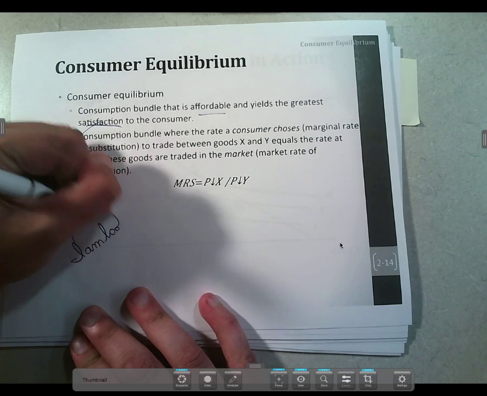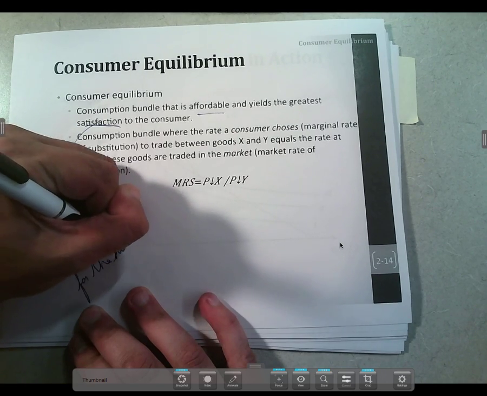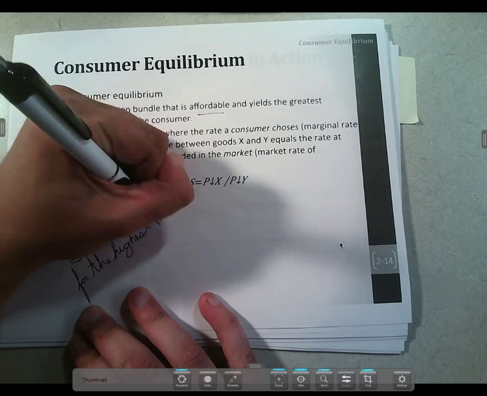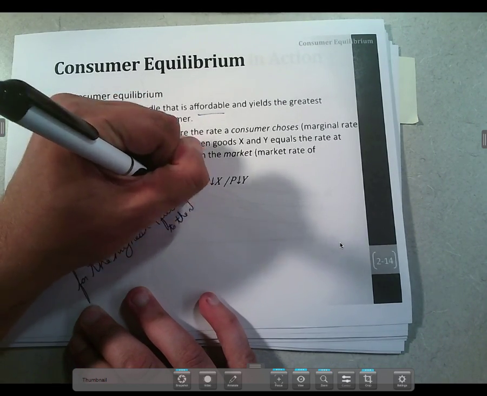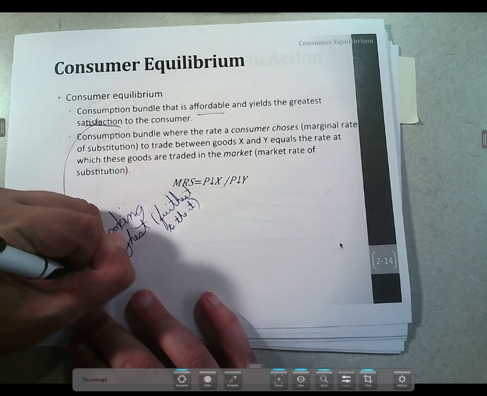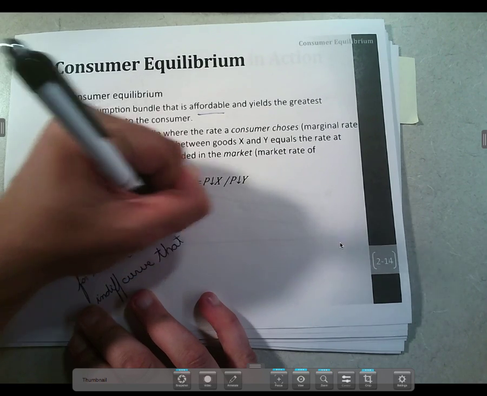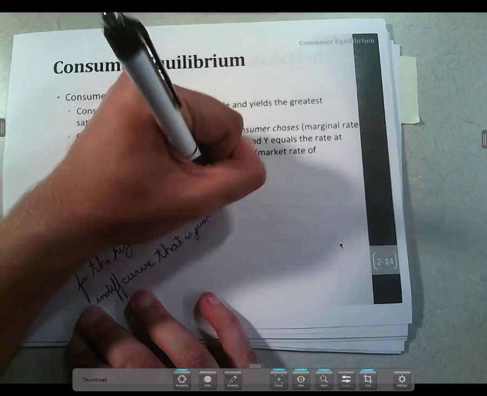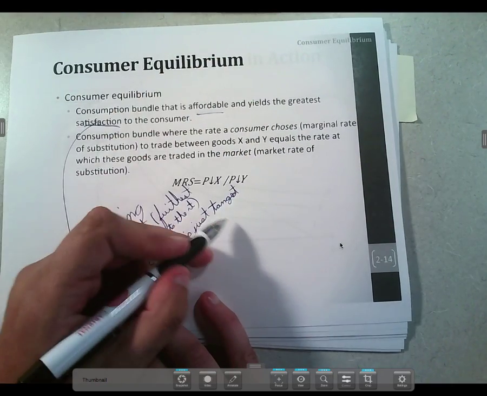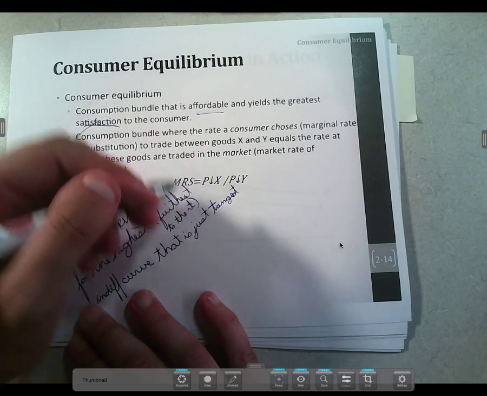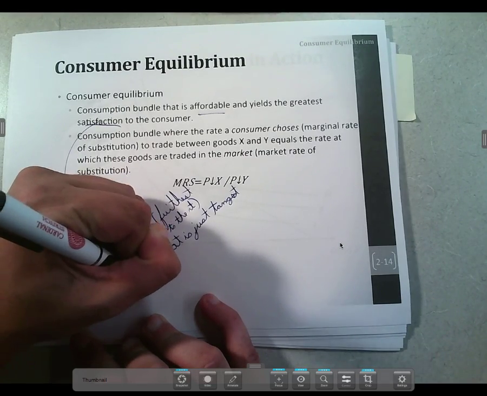I am looking for the highest, or I'll put it another way, furthest to the right indifference curve that is just tangent, by saying it's tangent, we're saying it just touches the curve at one point, to the budget constraint.